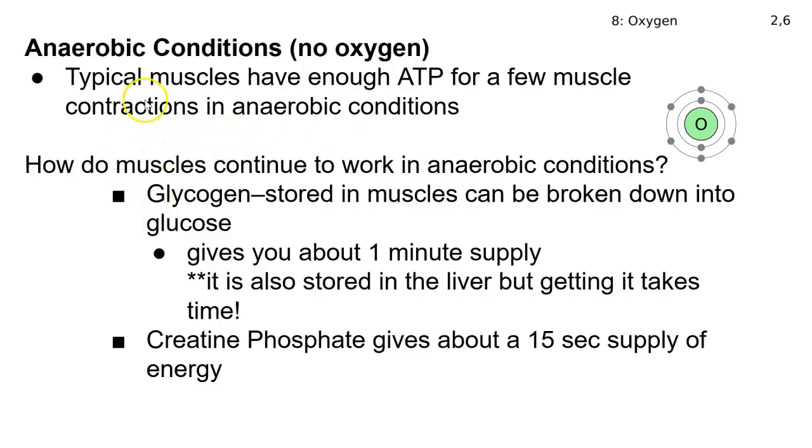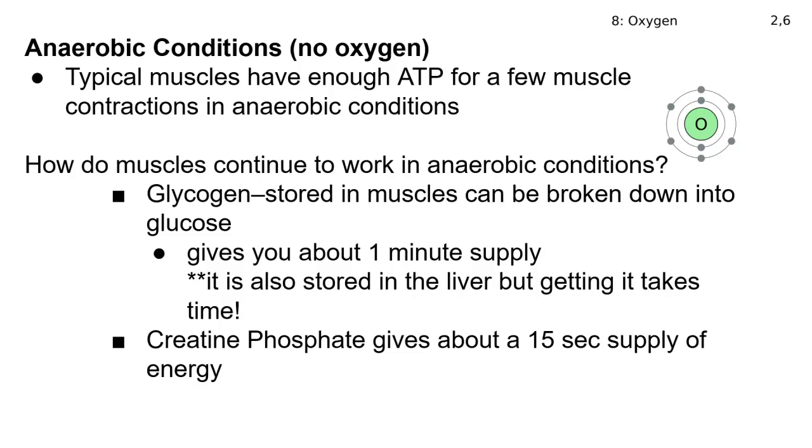So typical muscles have enough ATP for just a few contractions in anaerobic conditions. You run out of ATP very quickly. So if you're in anaerobic conditions, your muscles can continue to do some work. They use glycogen, which we've talked about before. Not only is it stored in your liver, but it's also stored in your muscles.